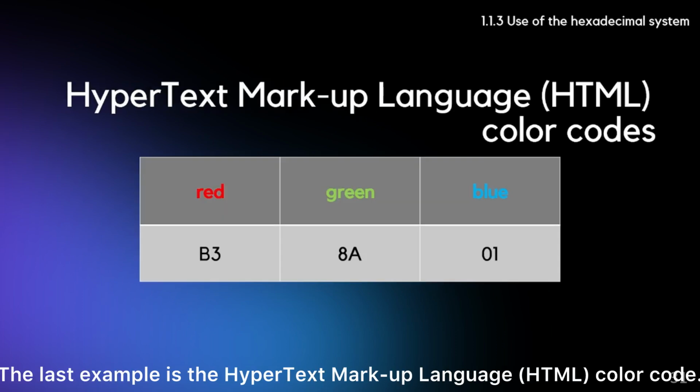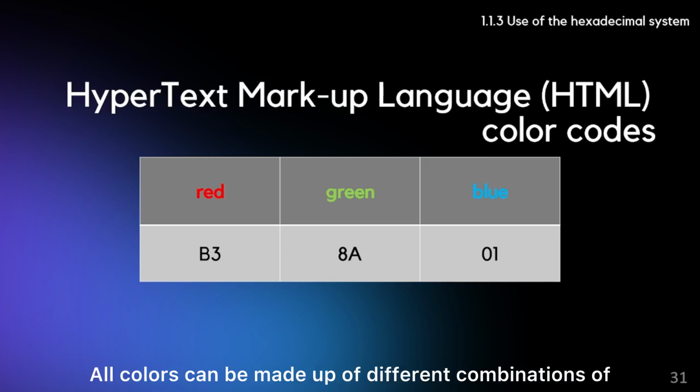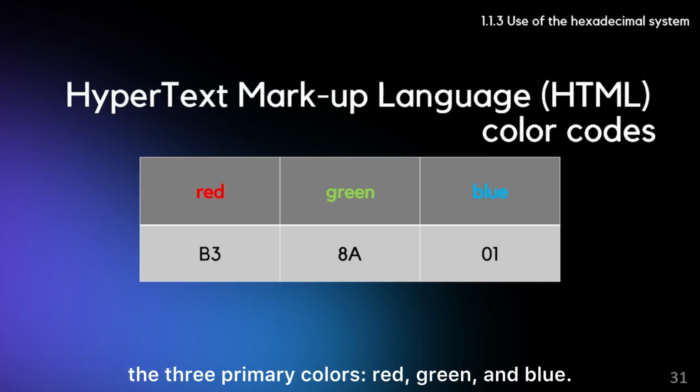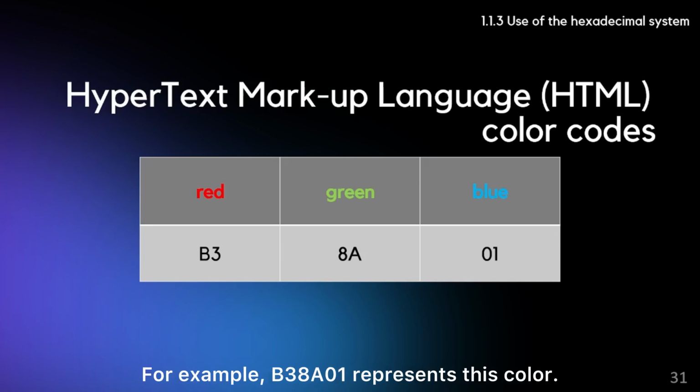The last example is the hypertext markup language color code. Hypertext markup language is used when writing and developing web pages. All colors can be made up of different combinations of the three primary colors: red, green, and blue. Each color is determined by its hexadecimal value. For example, B38A01 represents this color.